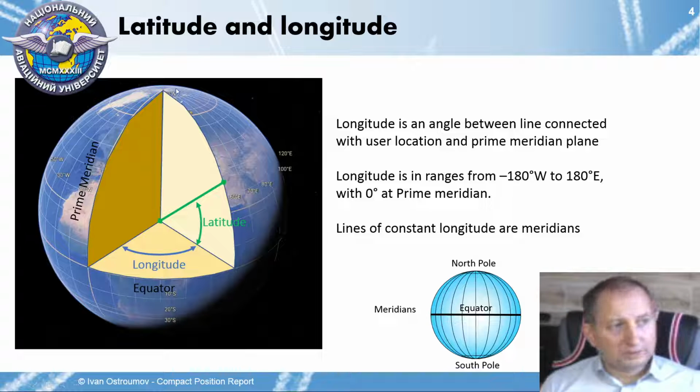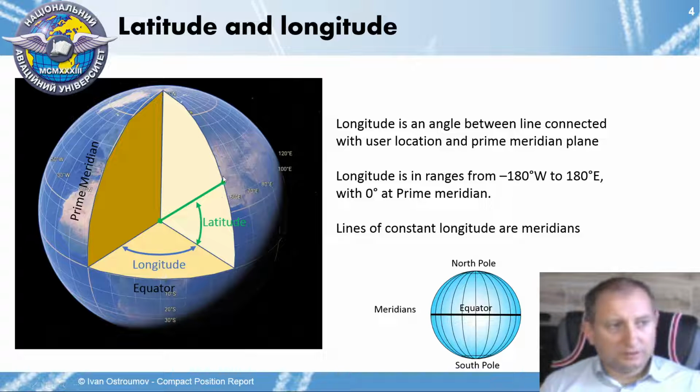Thus, if we cut our planet by this meridian, we get the prime meridian plane. And the longitude angle is counted beginning from this plane up to the plane in which we have the meridian of our location.